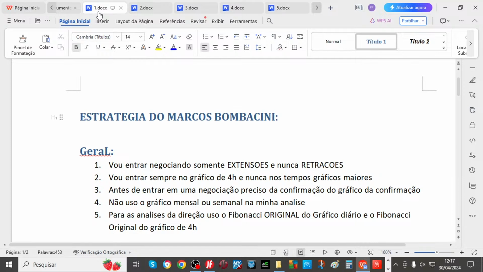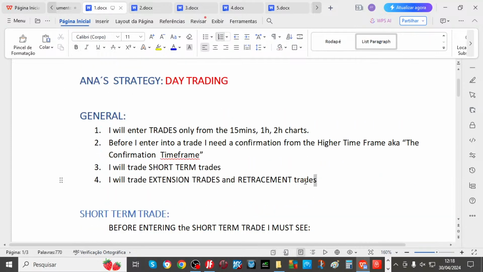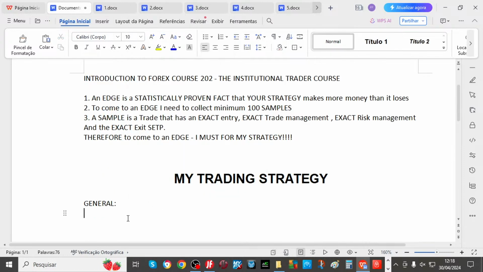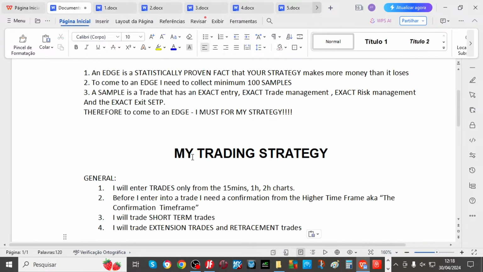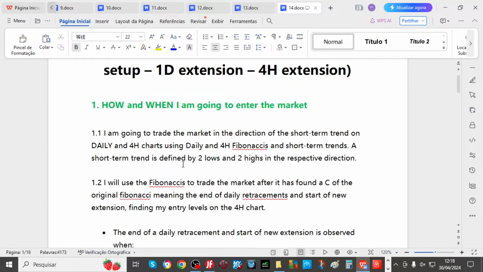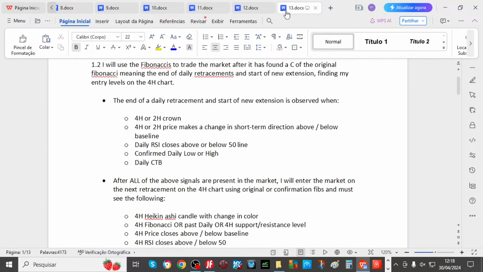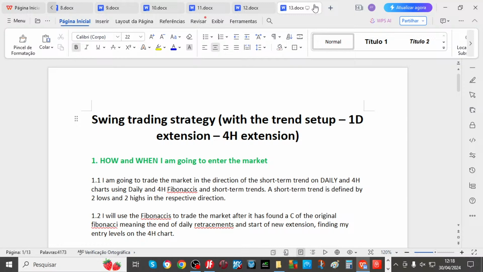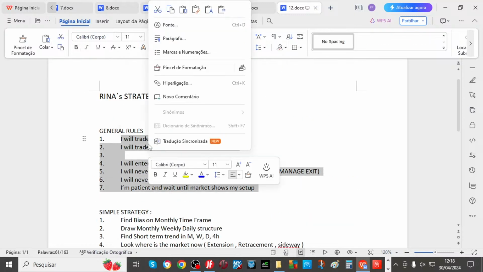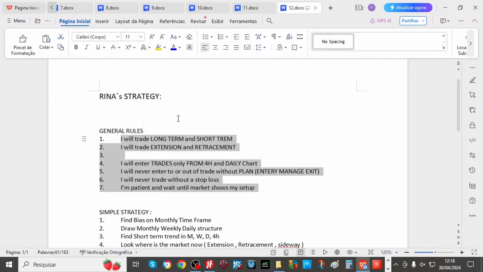And this is the first one, so I'm going to copy and paste. And then I believe the last one, right? The last one, oops. Not this one. Not this one. Arena, general rules.